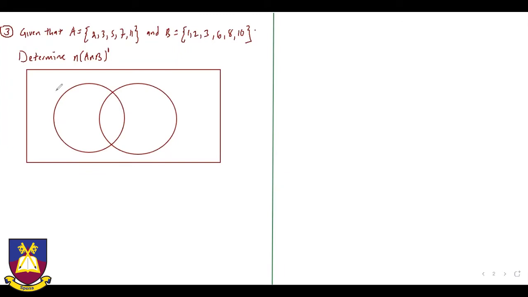This is set A, this is set B. In the intersection, those that are both in A and B, we have 2 and 3, and that's all. Those in A only, we have 5, 7, 11. Those in B only, we have 1, 6, 8, and 10.